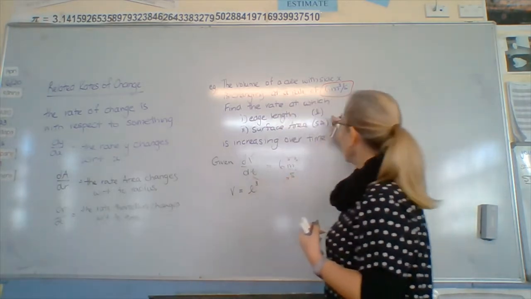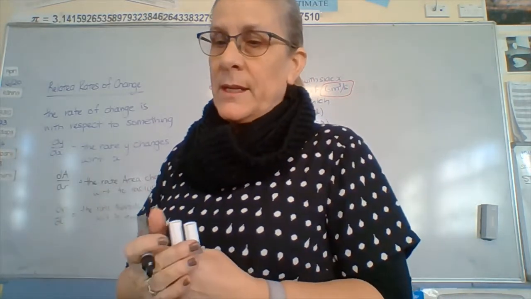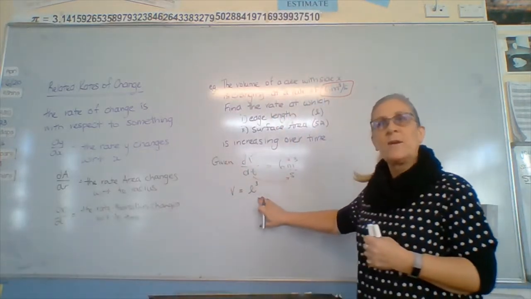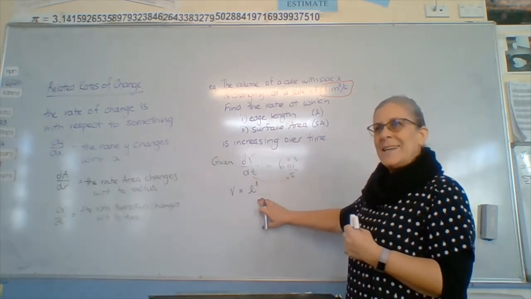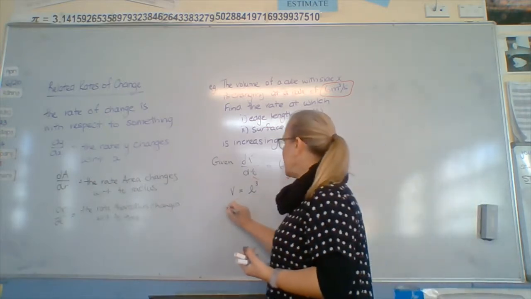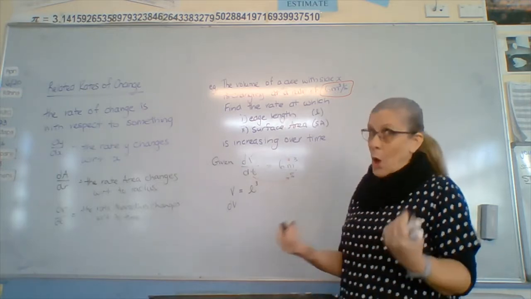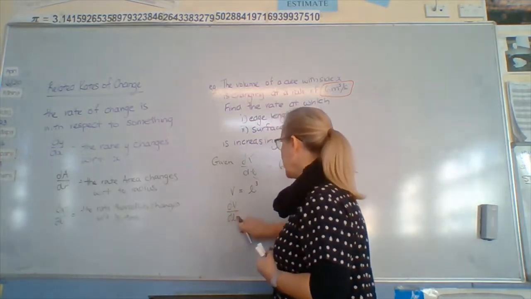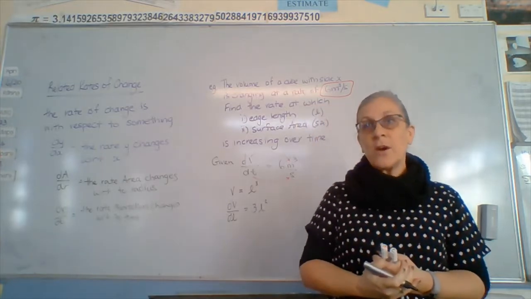If we know that already, what in this paper would we be expected to do next? Yes, differentiate, obviously in the differentiation paper. So dV by what do you think? Only L there, so dL, equals 3L squared.